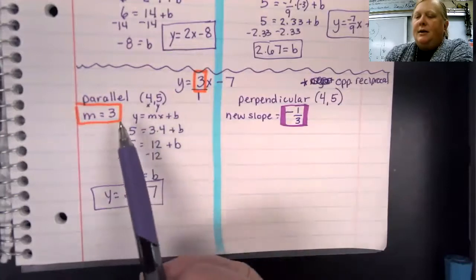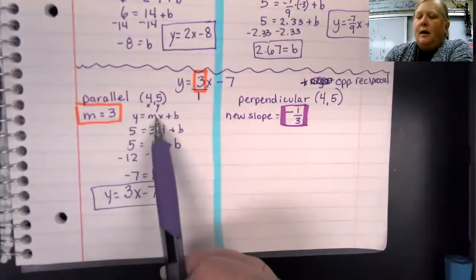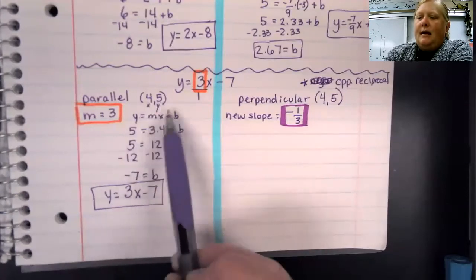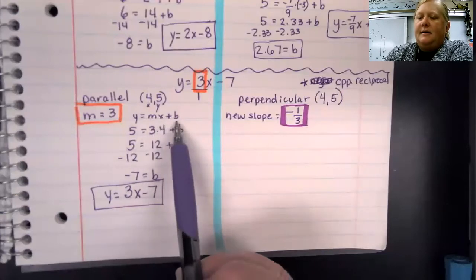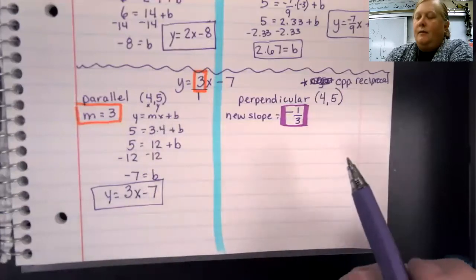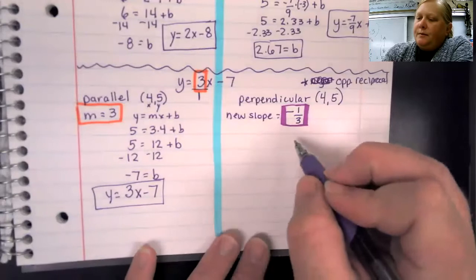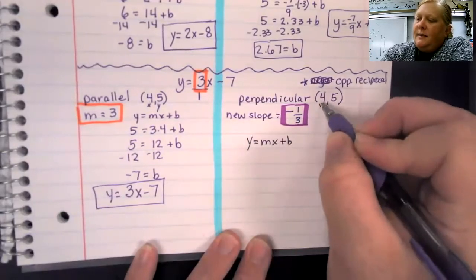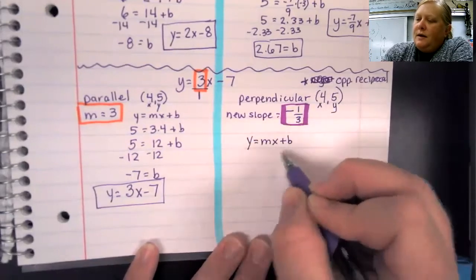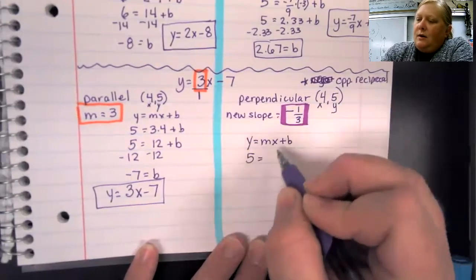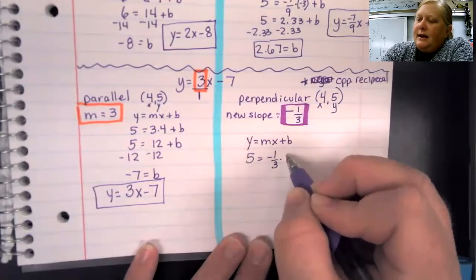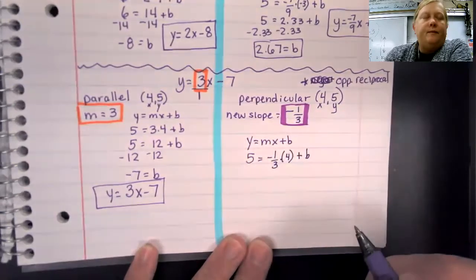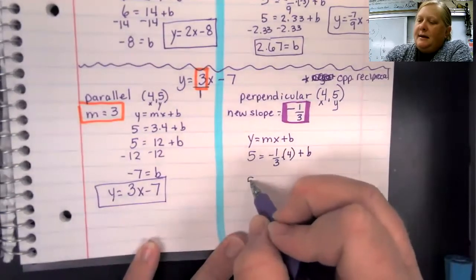Again, so I took the same slope and I plugged it in for m, y, m, x, and the b and solved it. Let's do the same thing over here. y is equal to mx plus b. Here's my x, here's my y. So here we go. 5 equals negative 1/3 times 4 plus b. Okay, well that's not a big deal.